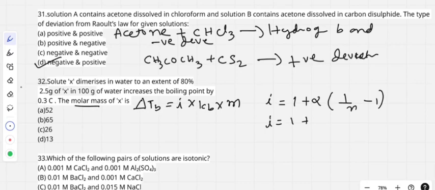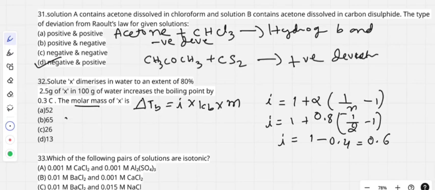Alpha means here the extent of dimerization, 80%. 80% means 80 divided by 100, that is 0.8. Here n is 2 because it undergoes dimerization, so 1 divided by n minus 1 is half minus 1, which is minus half. 0.8 divided by half is 0.4. So i is equal to 1 minus 0.4. The answer is 0.6.